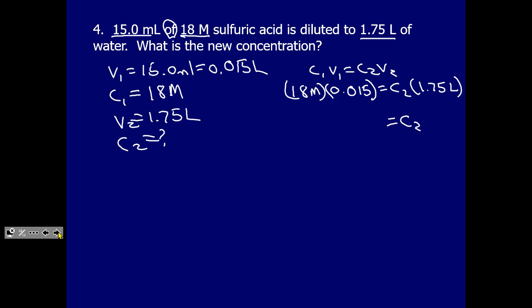I'll hand that out in a second. Here the volume's getting big, so my concentration should be small. Rachel, do you have a number? What do you got? 0.2. One more digit would be great. 0.215? 0.15? And that's in molarity. All right? Okay?